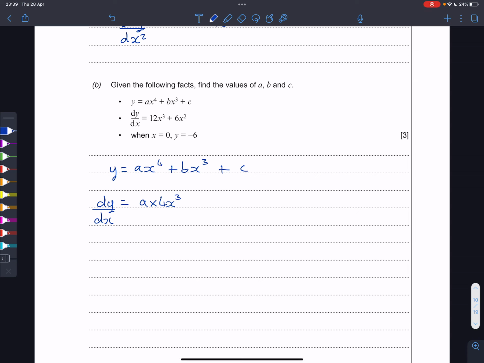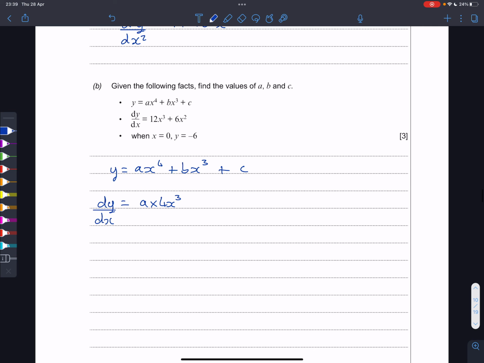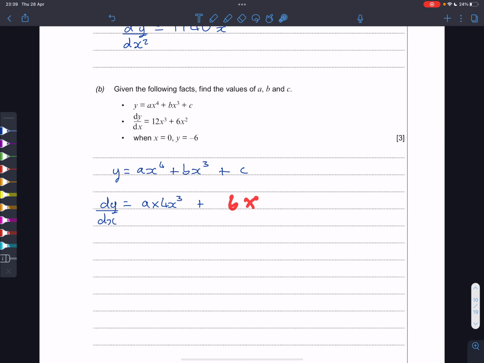I could write that as 4ax cubed. I'm deliberately not doing that for the time being. Plus, in a similar way, this one is going to be b times 3x squared, the derivative of x cubed. And then my plus c is going to disappear because when you differentiate a constant, it disappears.